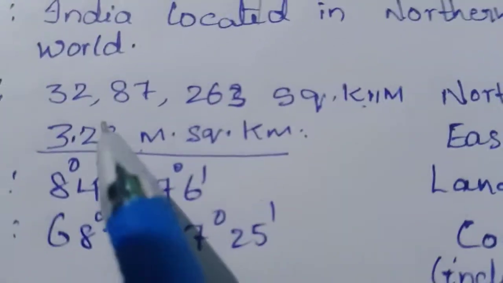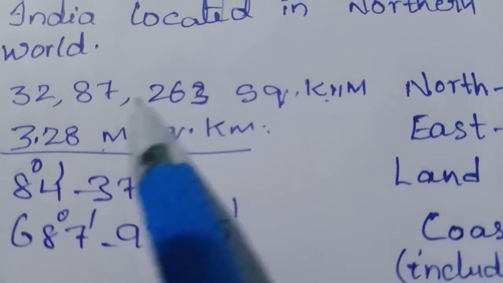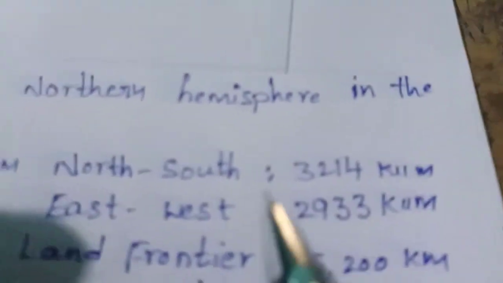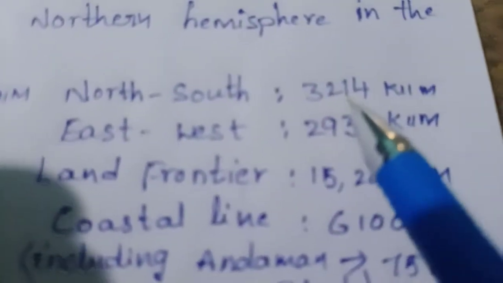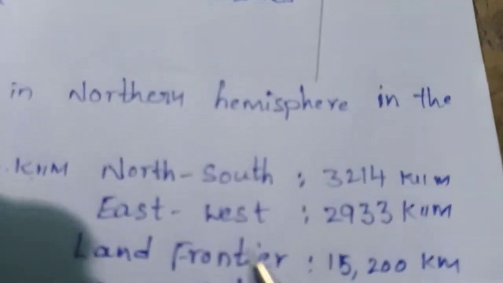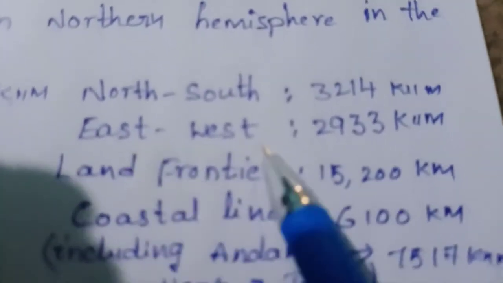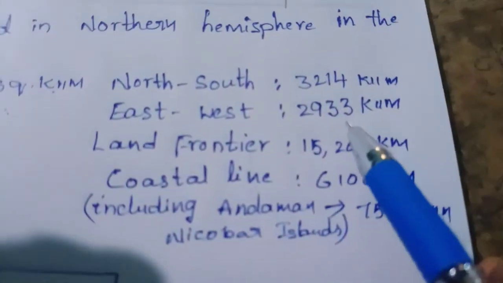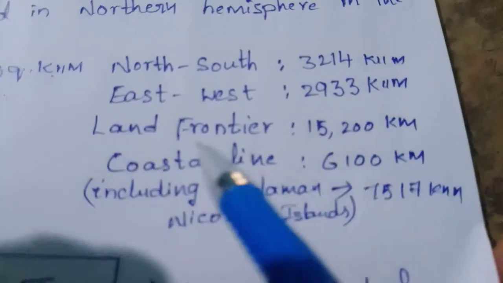Now, done all of you. The total area of India is 32,87,263 square kilometers. From north to south 3,214 kilometers. The area from east to west 2,933 kilometers.